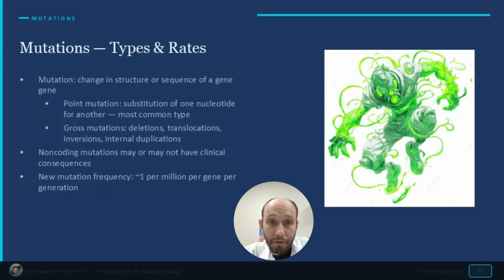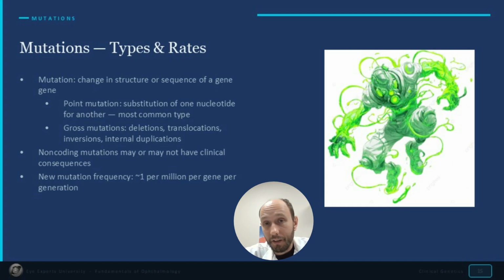Mutations represent a change in structure or sequence of a gene. As we talked about before, we can have point mutations where we substitute one nucleotide for another. That's the most common. But then we can also have gross mutations, which form deletions, translocations, inversions, the big stuff. Non-coding mutations may not have clinical consequences just because they don't code for the gene itself.